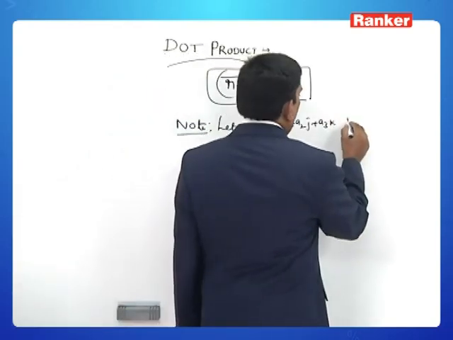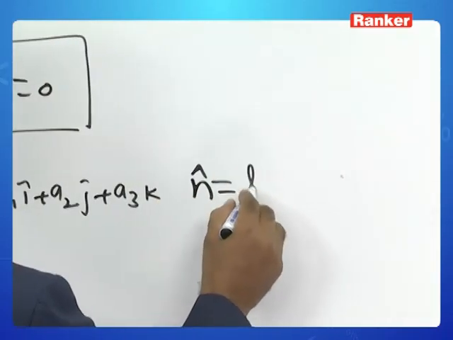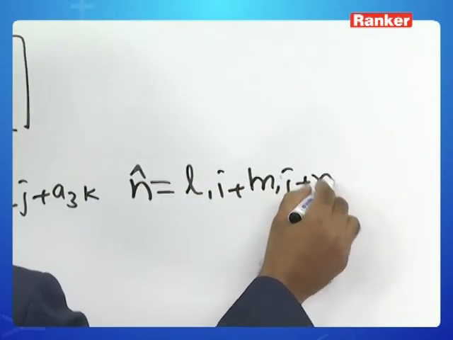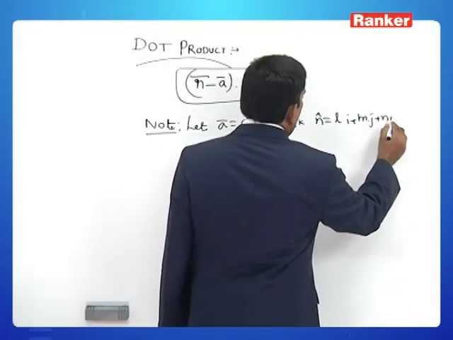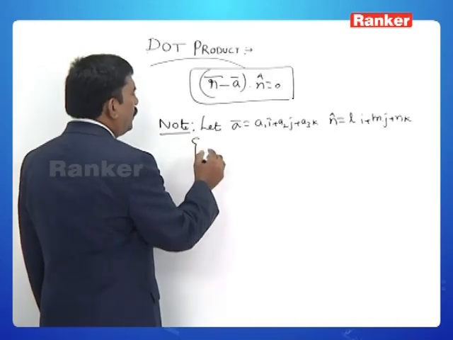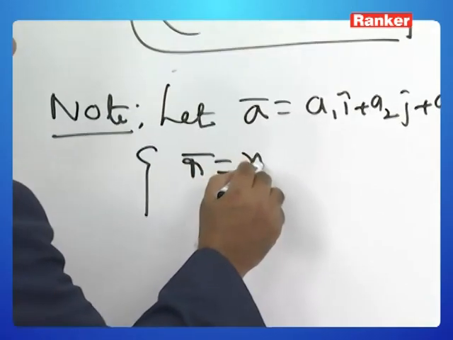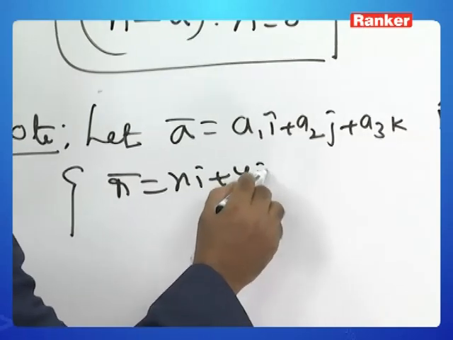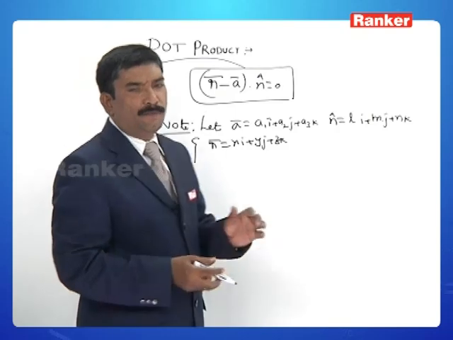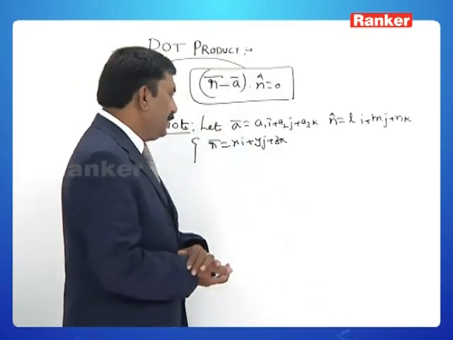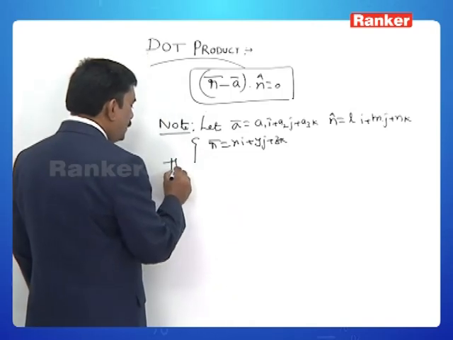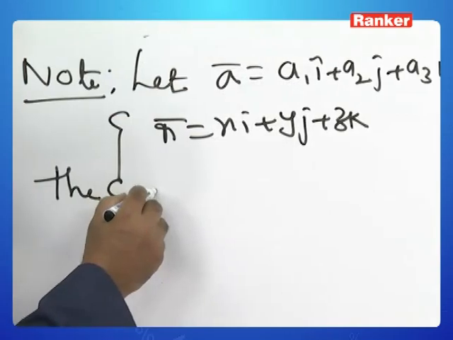Next, n cap is equal to L i plus M j plus N k, and r bar is equal to x i plus y j plus z k. These are the vectors. So now I want the Cartesian equation.